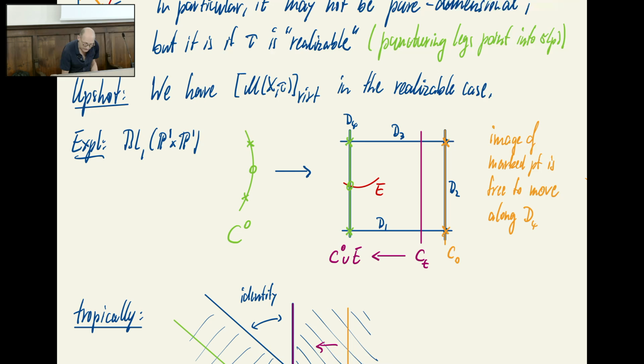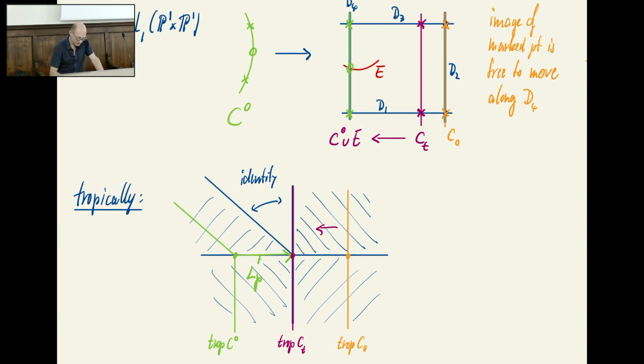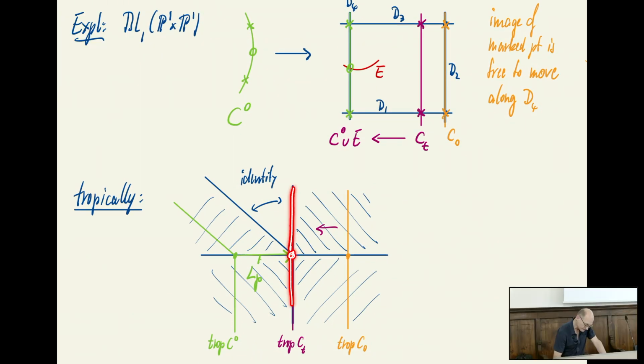I forgot to put in 2 marked points. So this is the general element that you have, this one. The tropicalization would just be this kind of curve. Yeah? So you have two marked points with contact orders 0, 1, 0, -1.